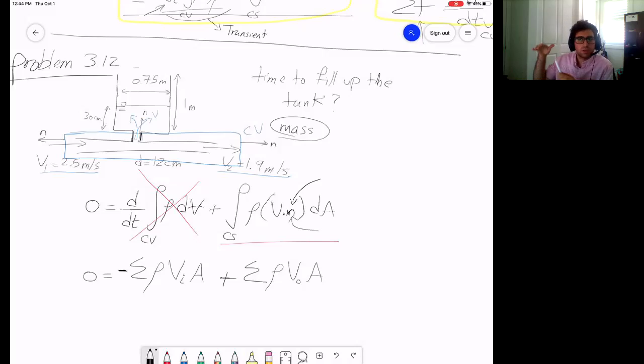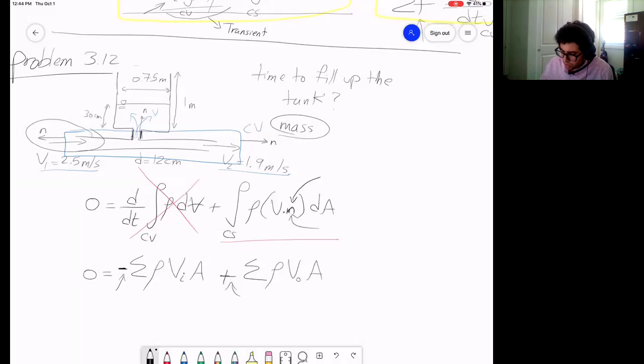If it's facing the same way as the velocity, like for the outlet, it's positive. If it's going the opposite way of the velocity, like for the inlet, it's negative. That's why we have a negative sign for the inlet and a positive sign for the outlet. It's just nice to follow convention, really. That's it. Okay. Are we good?